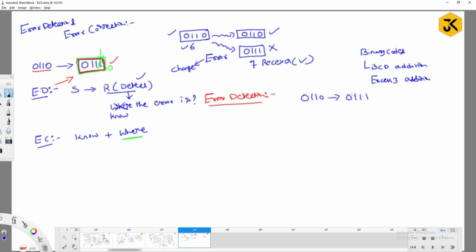So there is an error detection. How many bits are changed here? Only one bit is changed, right? This is what I can call one bit error detection. As only one bit is in error, I can call it one bit error detection. Okay, fine, guys.